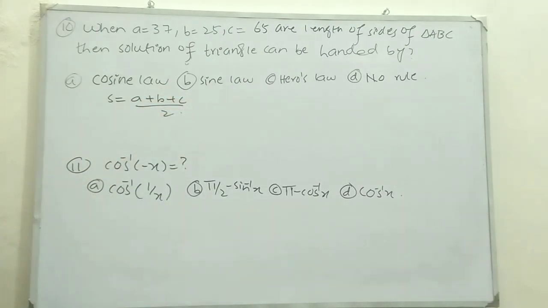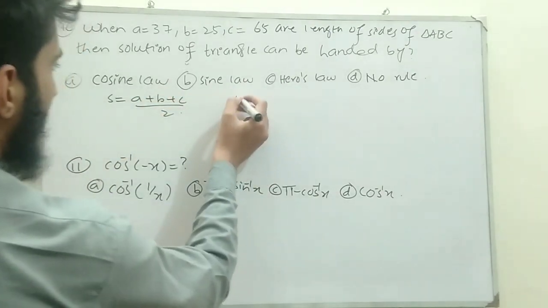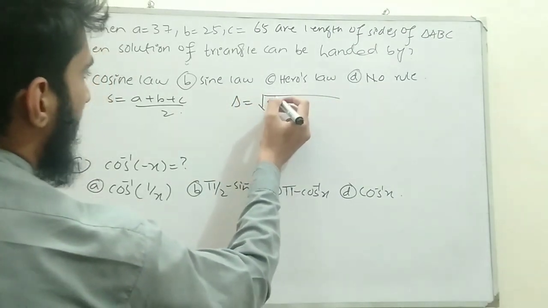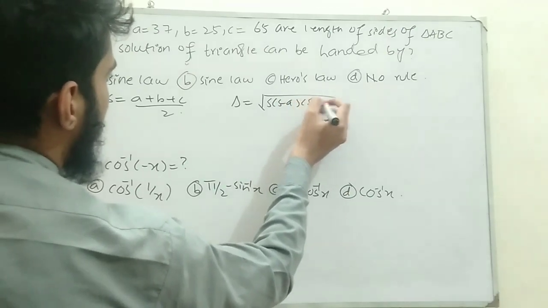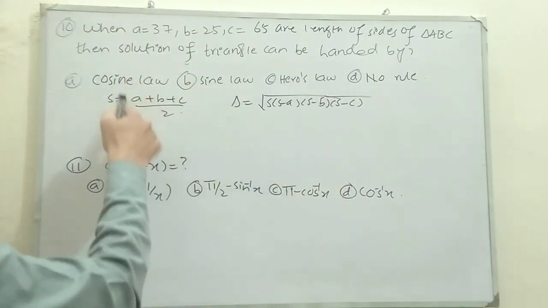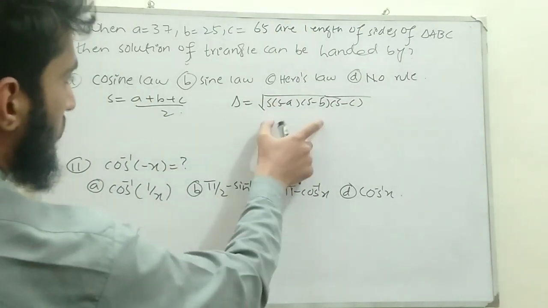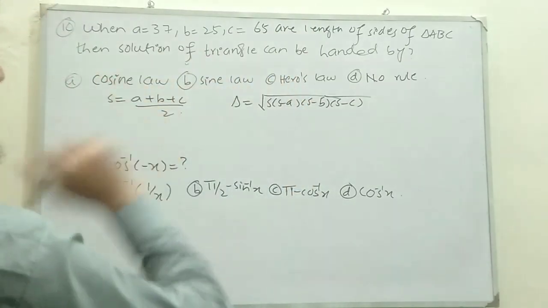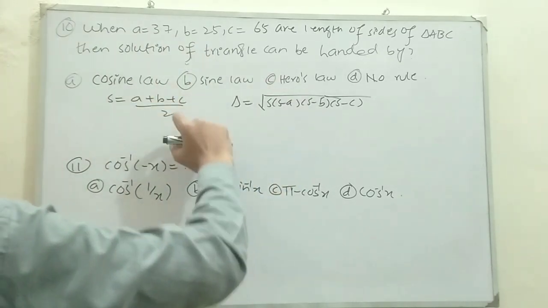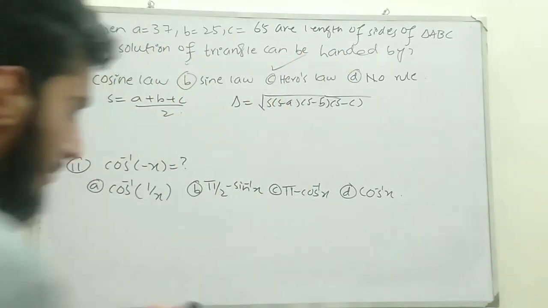By this formula we will find the S. So when the three sides are given, we can find the area of a triangle using the Hero formula, which is equal to the square root of S times S minus A, S minus B and S minus C. S can be found from this formula and A, B, C are given. So by the Hero formula we can find the area of a triangle by putting A, B, C over here and S, which can be found from this formula. So the correct option is option C, Hero formula.